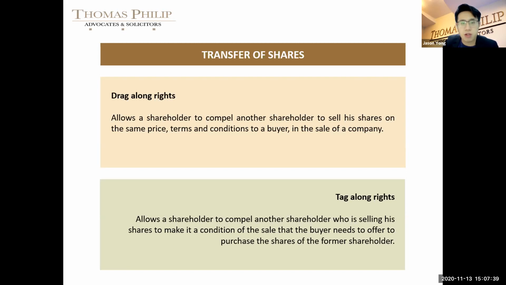Therefore, there must be a clause that says, if I offer to sell to a third party, I must also inform the third party that the remaining shareholder has a right to choose to sell, and the third party must buy, or else there is no deal. And that's what a tag along right is. So you can see that drag along right and tag along right are very similar. That's why they're named slightly similar as well, but they differ a bit in terms of the operation.